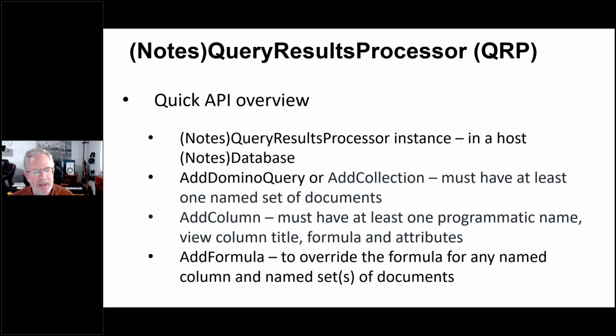Very quickly, you can use the blog to find detailed calls, and I'm going to show you some code in a minute. I really want to focus on that as a way to demonstrate the actual API calls. What you need is a Query Results Processor instance, a QRP, in a host database. That host database is the place where we will create the view, a place to hang the view.